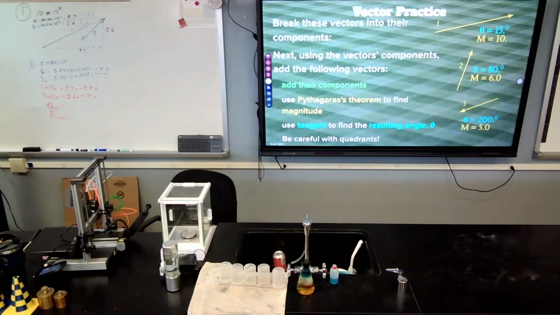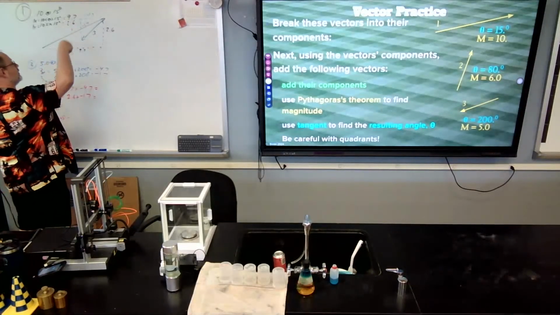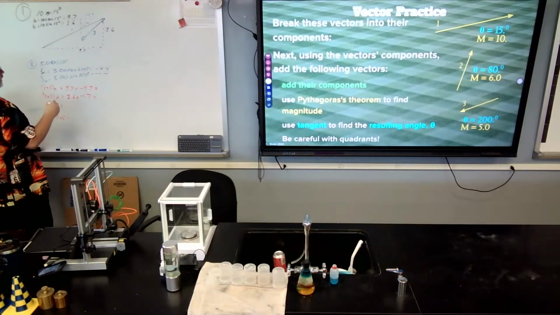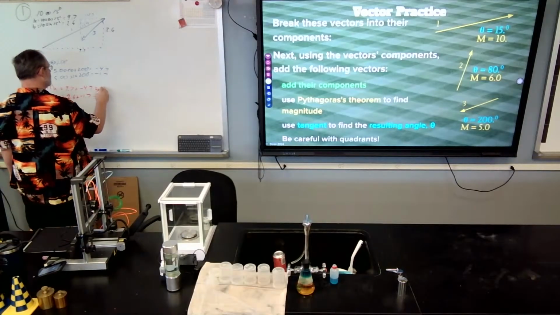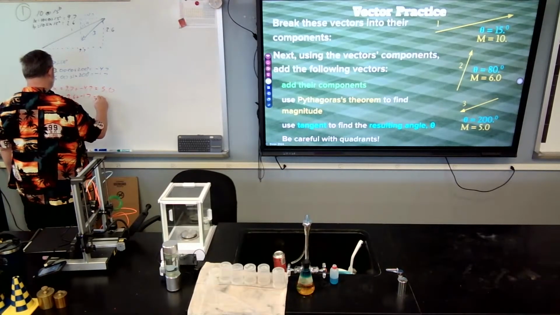Are we comfortable with this? Now again, this is just magnitude. We don't know what the angle is. So this is going to be hopefully 5.0 and looks like 0.9?